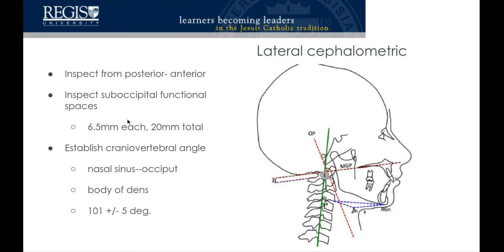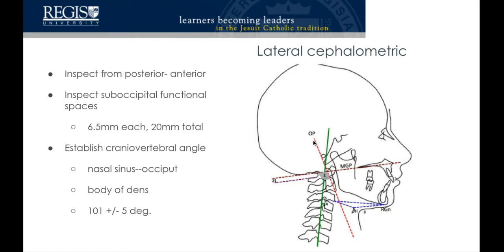And that gives us the functional spaces in the suboccipital region, which should be about 6.5 millimeters between each of those bones, so these actual spaces. And the thickness of the arch of atlas is about 7 millimeters. So if you add all three of those up, you get something right about 20 millimeters of space between the occiput and the spinous process of C2, which is palpable. You can feel that too, and get an idea for how much space is there based on whether there's one fingertip worth of space or slightly more than that.